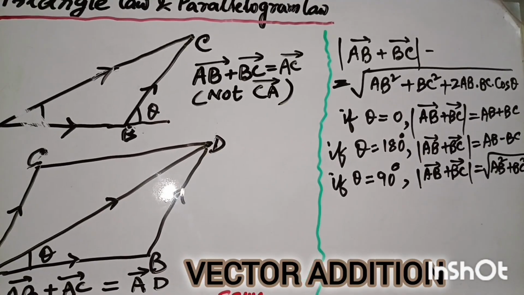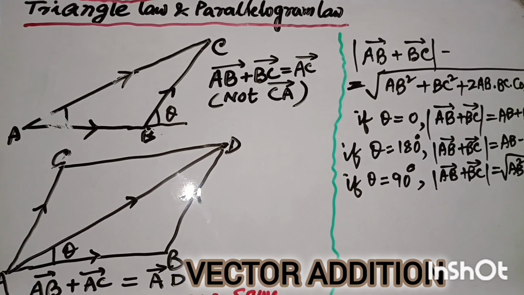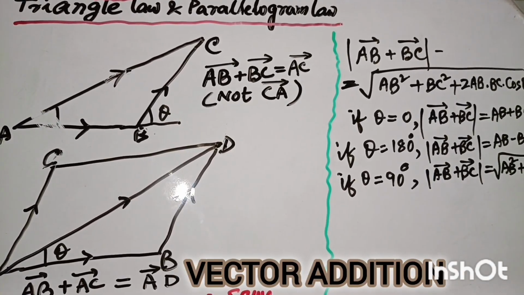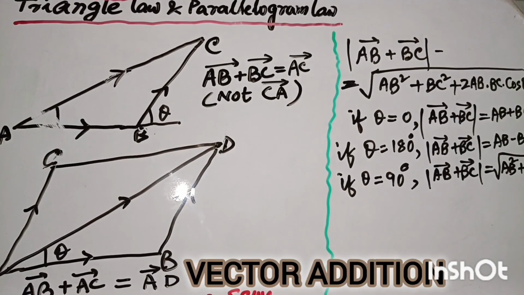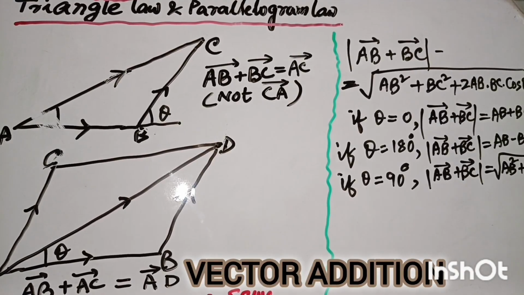Now, one very important point: what is the angle between the vectors? To find the angle between the vectors, we have to place them either tail to tail or head to head. Suppose in the triangle, AB and BC are placed head to tail. Then angle ABC is not the angle between the vectors. If we take ABC as the angle between the vectors, we will be wrong. It will be the angle on the other side, because if AB is extended, we get another angle, theta.